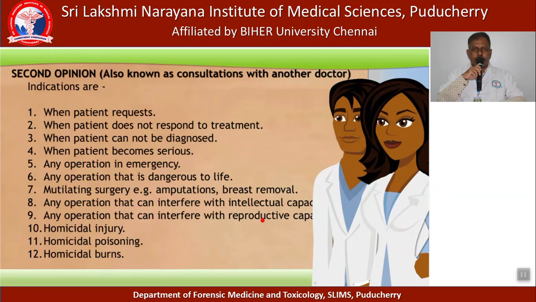Any operation that can interfere with reproductive capacity, like tubectomy, vasectomy, or even in the pelvic region, considering the nerves nearby. Take a second opinion from the doctor; both have to jointly frame the opinion. Anyone can do the operation, but the consultation notes should be there.